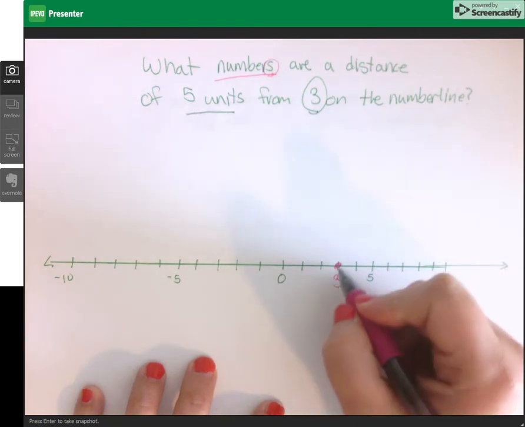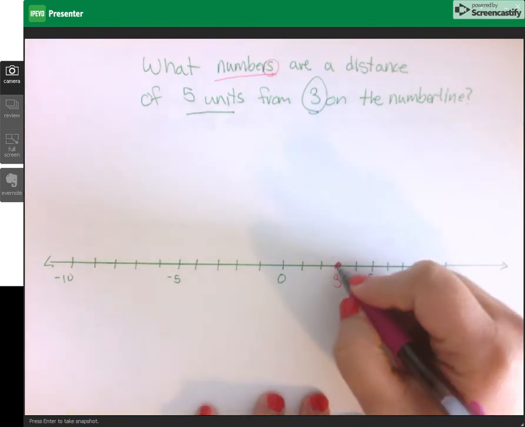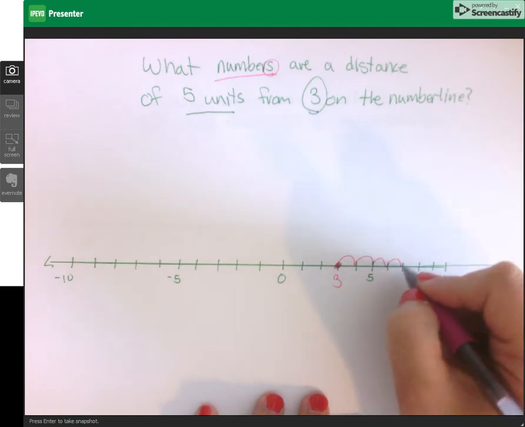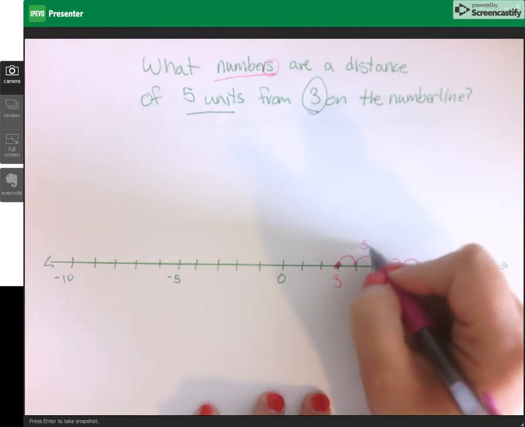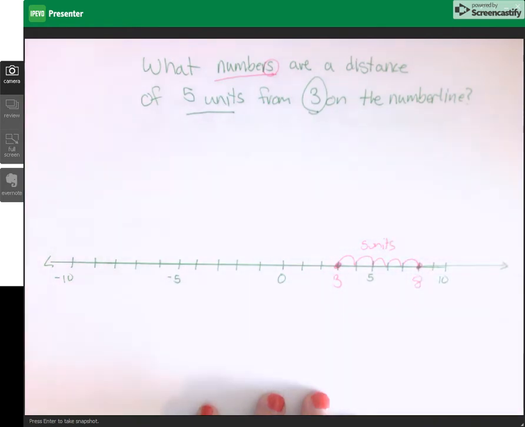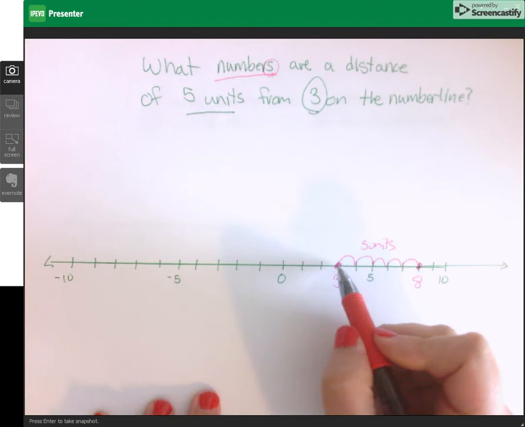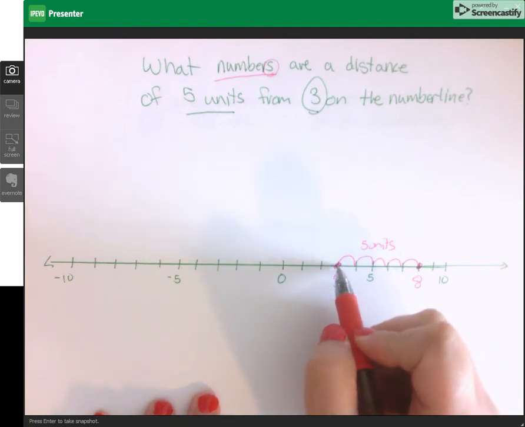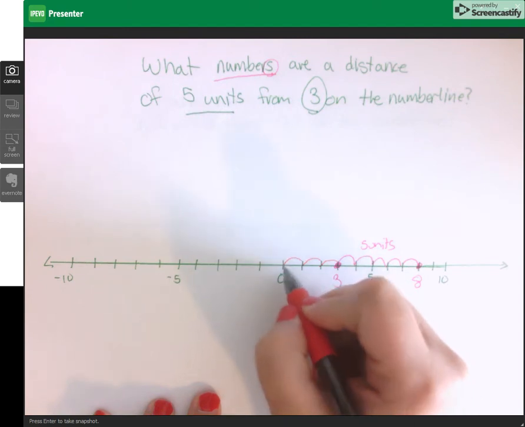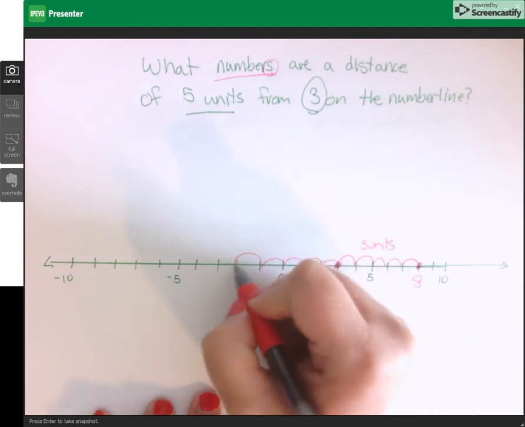So if we start here at 3, let's go 5 units. 1, 2, 3, 4, 5. Here's 5 units. And this ends us up right here at positive 8. So let's go ahead and go the opposite direction. So now let's go to the left. We're still going to go 5 units. 1, 2, 3, 4, 5.